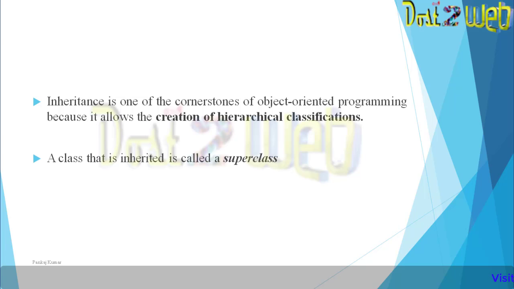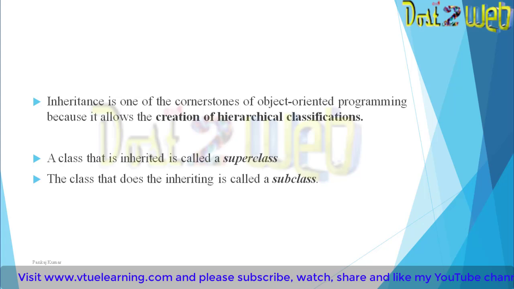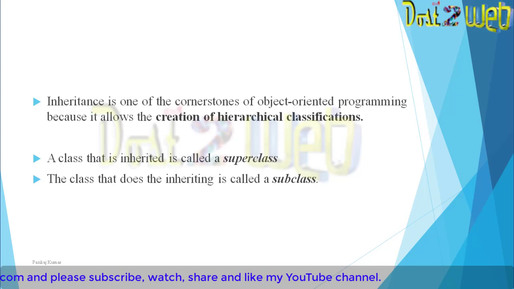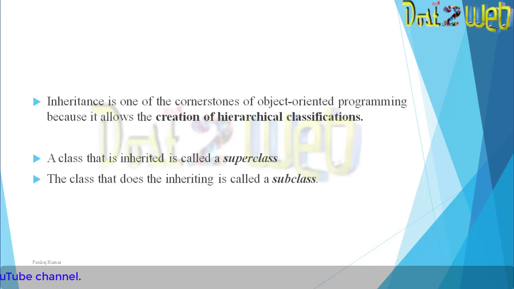So generally, what is called a superclass? What is called a subclass? A class that is inherited is called a superclass. Where you define the properties and methods, that class will be called your subclass, and when these are inherited, that is, they go into another class, that another class which uses this feature will be called your superclass.